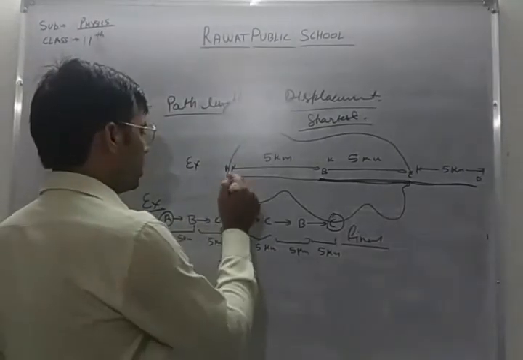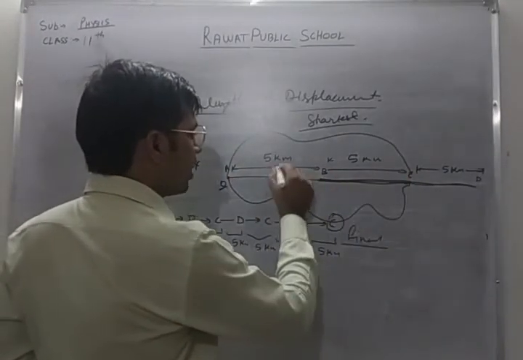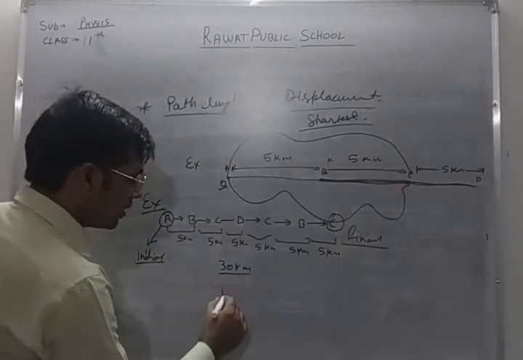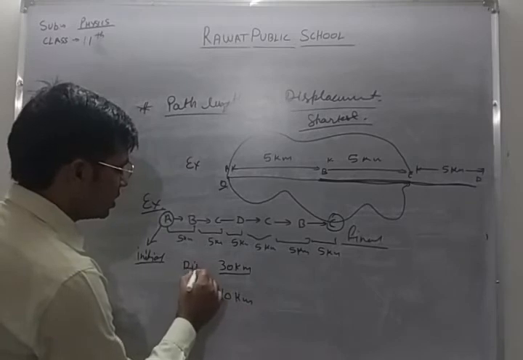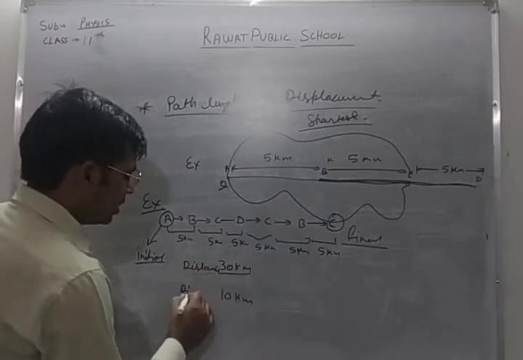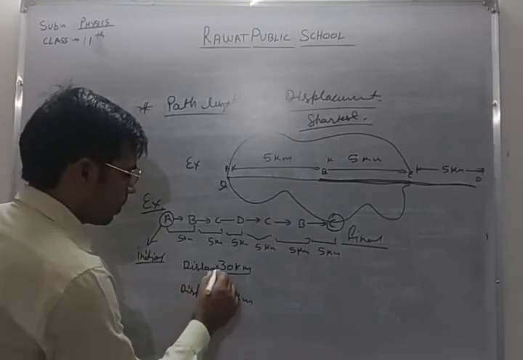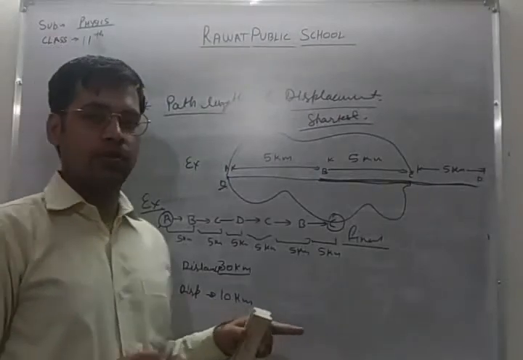A is, let's say, the 0 position, and the distance between A and C is 5 plus 5, only 10 kilometers. You can see this is distance and this is displacement. Now I hope it is clear what is distance and what is displacement.